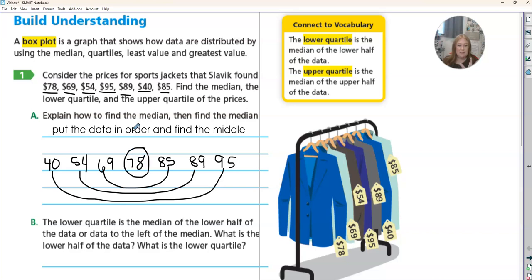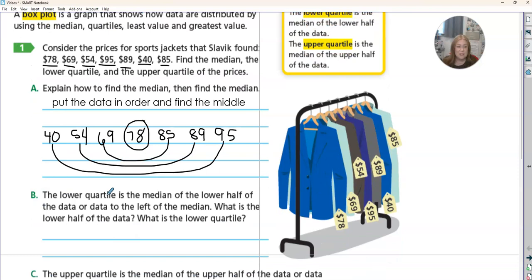Now we can see we've broken this into half. So here's the lower quartile, here's the upper quartile. So lower, upper. So we're cutting it in half. Now this one is all by itself. It's not going to go to either side because it was all by itself. The lower quartile is the median of the lower half.